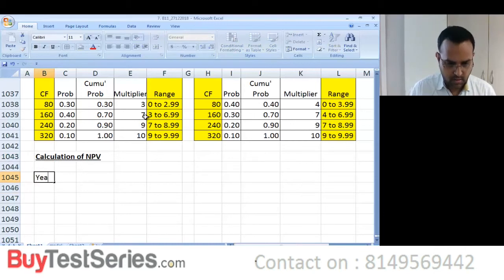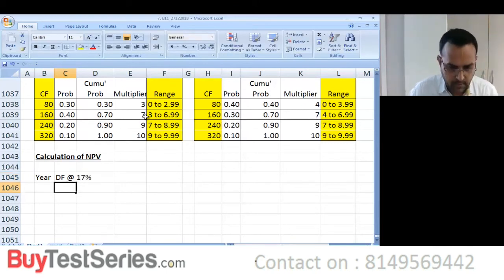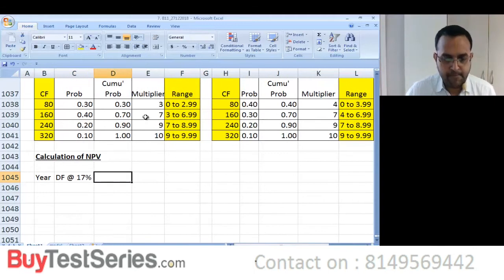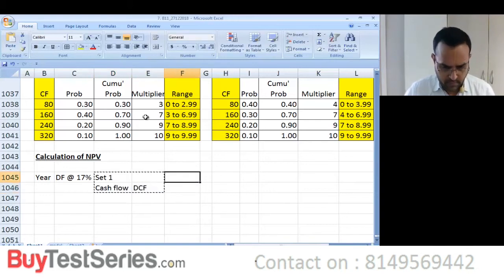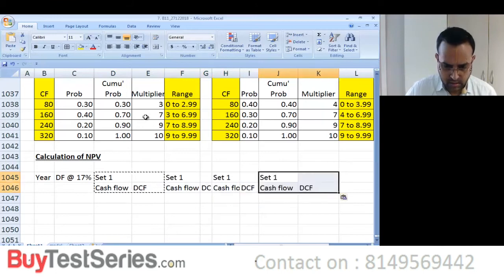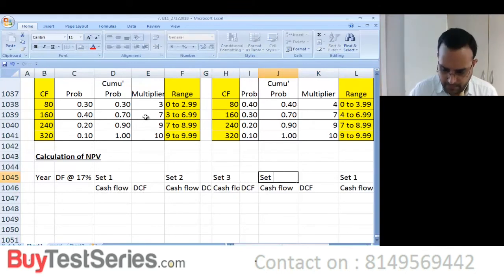Here, discounting factor at what percentage? 17%. Set 1, cash flow, discounted cash flow. Set 2, set 3, set 4, set 5.